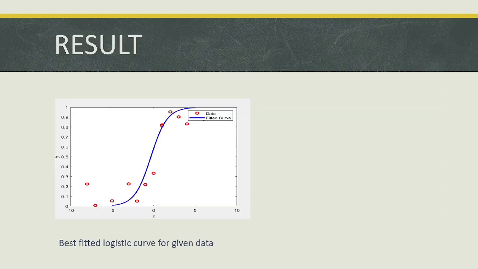This is the result that we are getting. For these data points, the best fitted curve can be found by using Newton's method, by finding the beta naught and beta 1 parameter values that fit the given data.